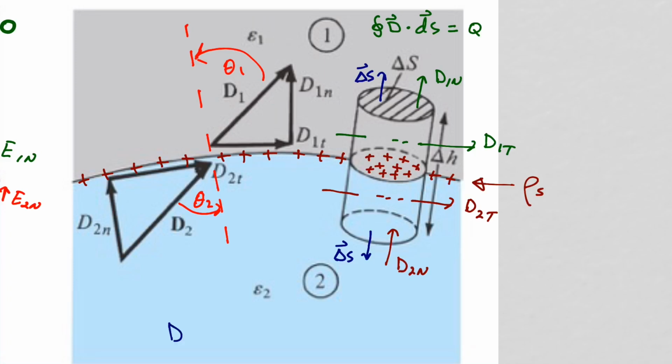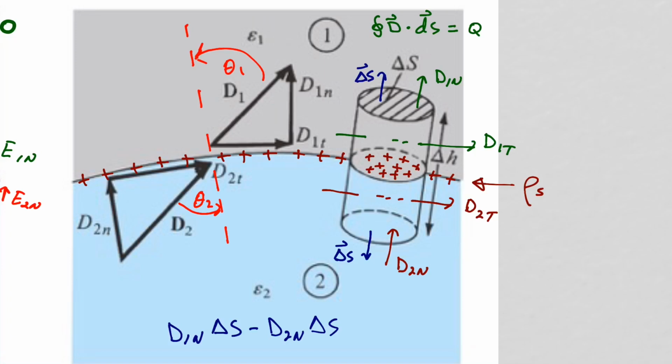On the bottom surface, the outward normal to the surface is in the opposite direction as the normal component of the electric flux density field. So the integral of D dot dS over the bottom surface will be minus D sub 2 normal delta S. And that's because the dot product between delta S and D sub 2 normal will have a cosine of pi radians in it, which is minus 1.